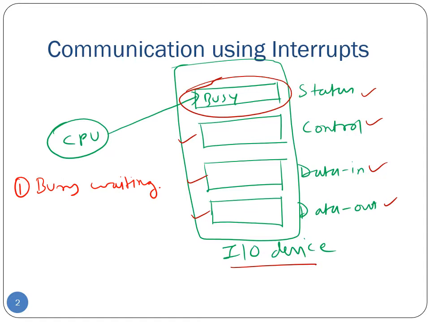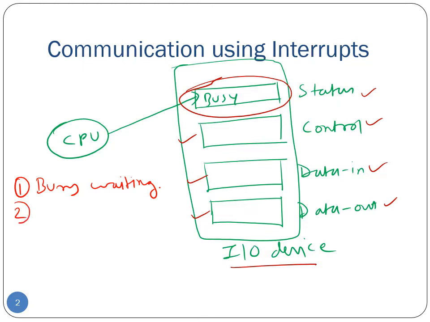And when the device is available, the CPU has set it up to perform the read or the write operation. Then again the CPU is waiting in a while loop for the device to finish the job. Because of this busy waiting, the CPU is wasting a lot of precious cycles. It is not doing any other useful work in the meantime. And this is especially problematic if the I/O device is much slower as compared to the CPU.